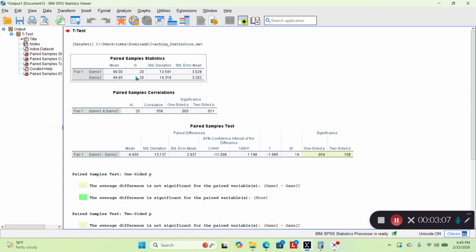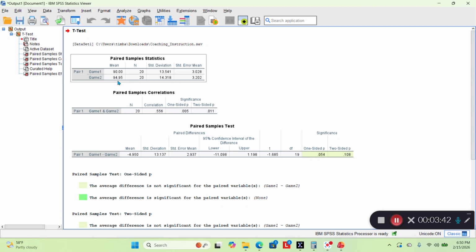Okay? So as I stated earlier, N value for game two is still 20. But we see the mean go from 90 to a 94.95. So nearly a 5-point jump in that. And then our standard deviation for game two is 14.318.